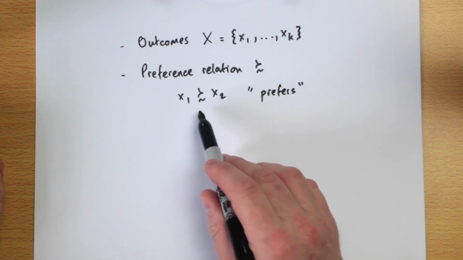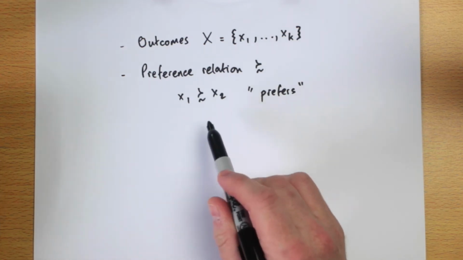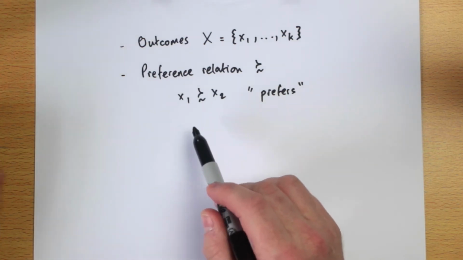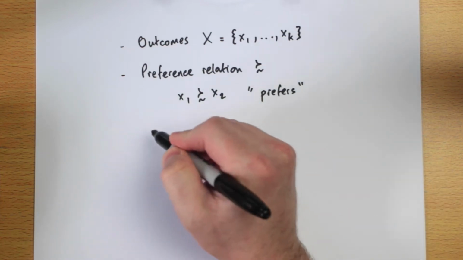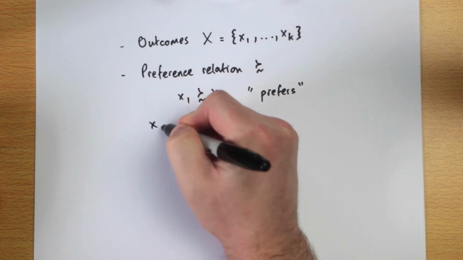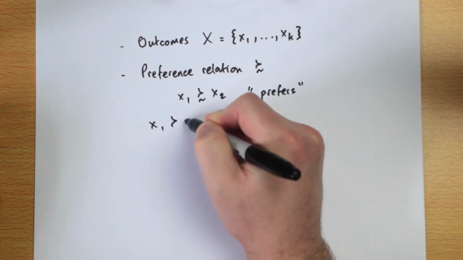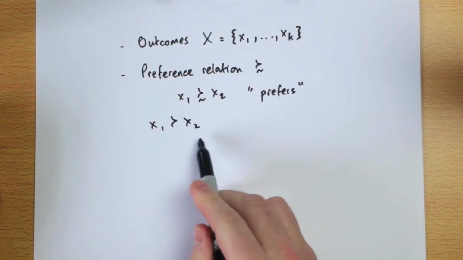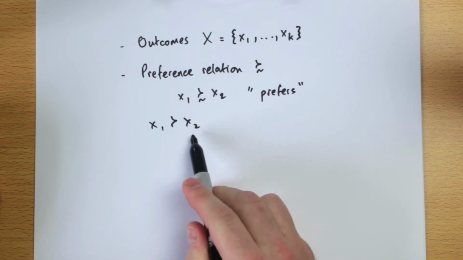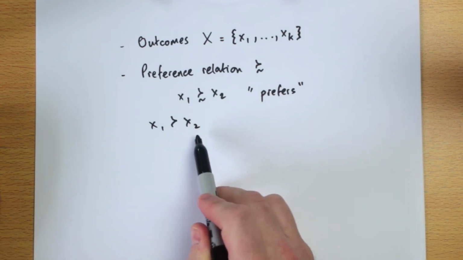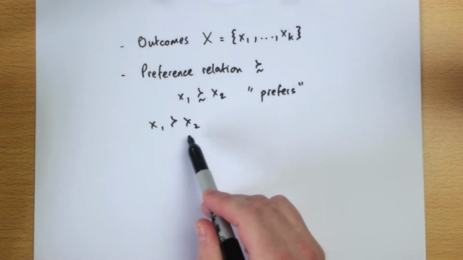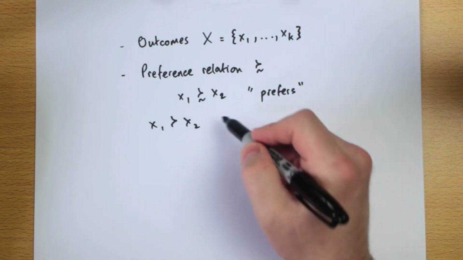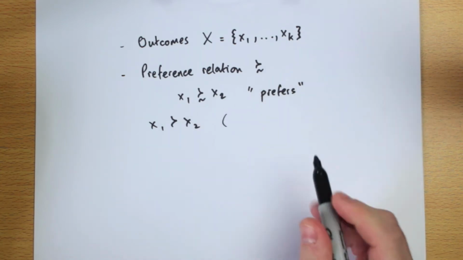Now, this is preferred in what you might call a weak preference, so preferred in the weak sense. And I'll show you what I mean by that. So we could write something like x1, and then we'll use this notation to mean strict preference. x1 is strictly preferred to x2. Okay? Now, I've come up with a new notation, but am I adding more assumptions? Well, no, I can just define this using our weak preference.